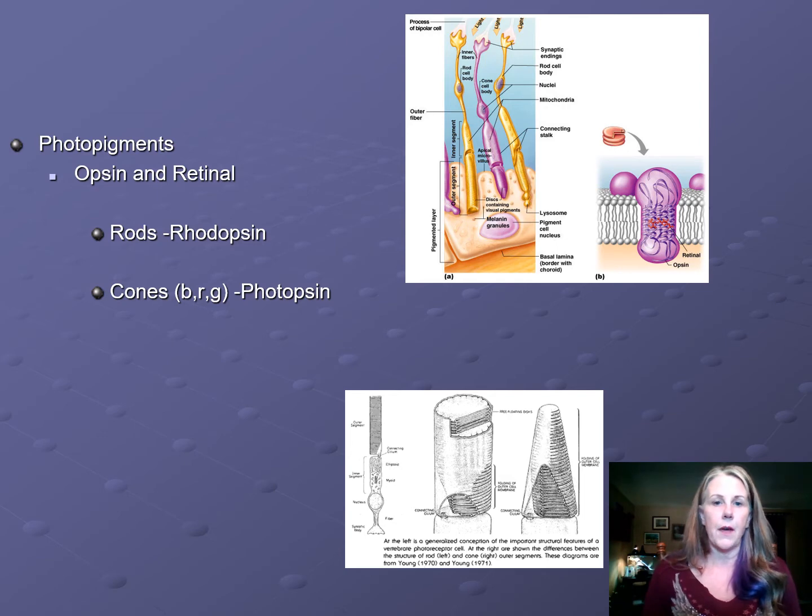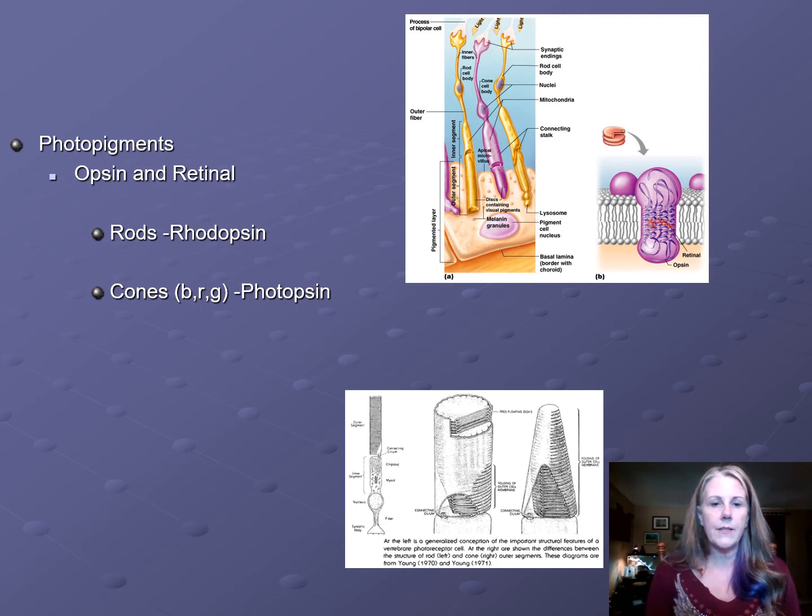So you may have heard of that before. So we have two different types of photoreceptors. Each type has opsin and retinol as their photopigments. They may have slightly different opsins. So that's what we're going to talk about now.